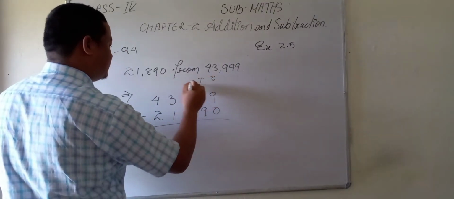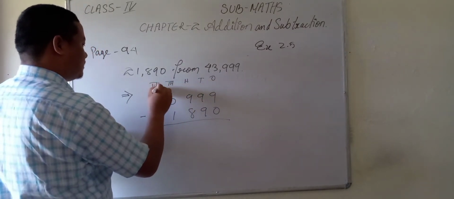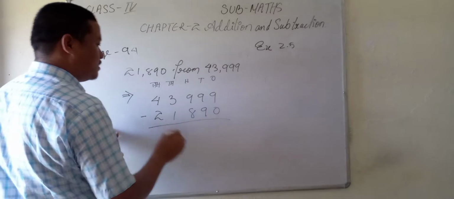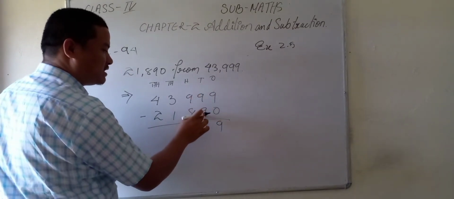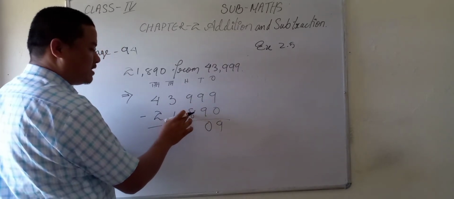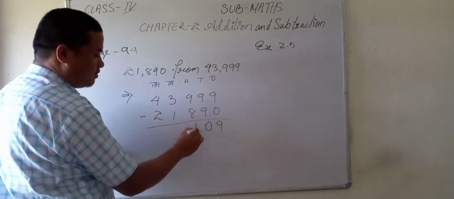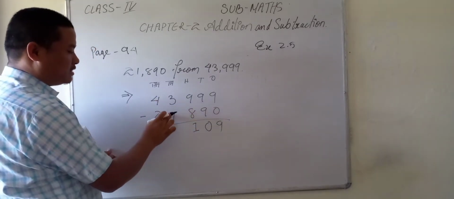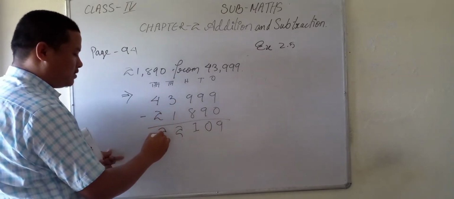Ones, tens, hundreds, thousands, ten thousands. 9 minus 0, 9. 9 minus 9 will be 0. From 9 you minus 8. Okay. From 9 you take out 8. You will get 1. 3 minus 1 you will get 2. 4 minus 2 you will get 2.